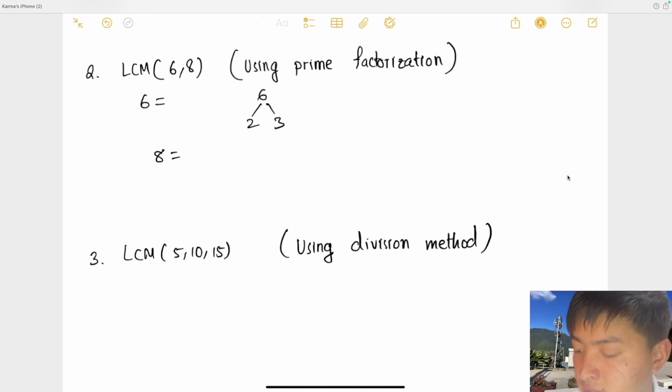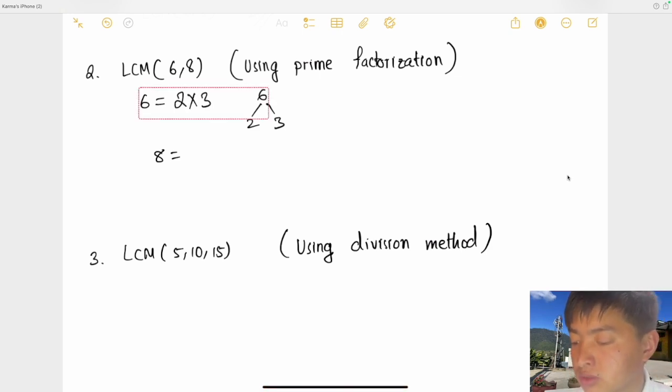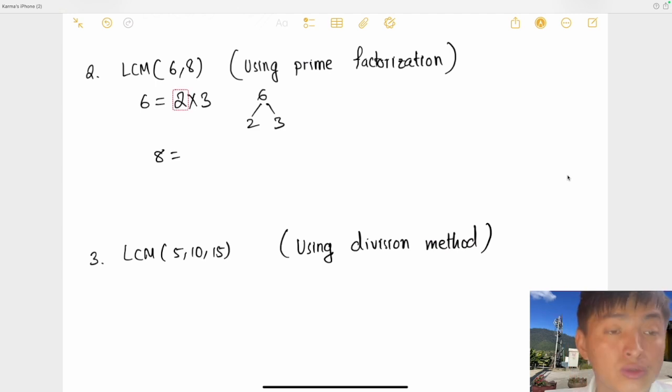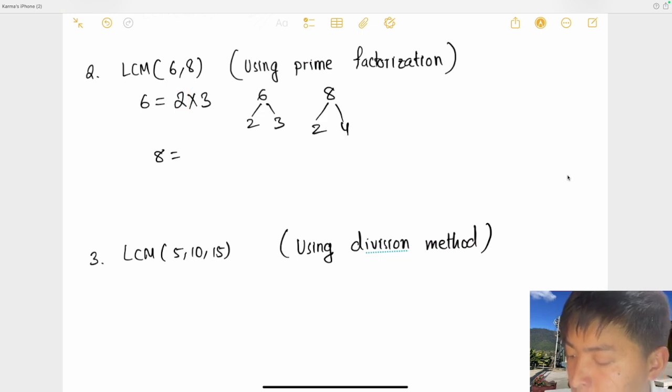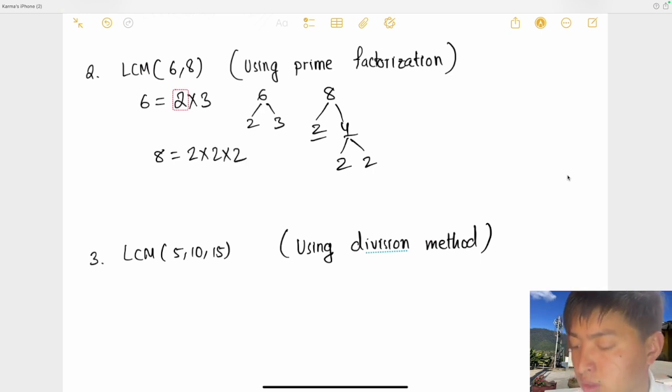So if you are to write in prime factors, it will be 2 times 3, and both 2 and 3 are prime. Now 8 is also 2 times 4, but 2 is prime but 4 is not prime, so we can further break down the 4 into primes, which is 2 times 2. So 8 is 2 times 2 times 2.